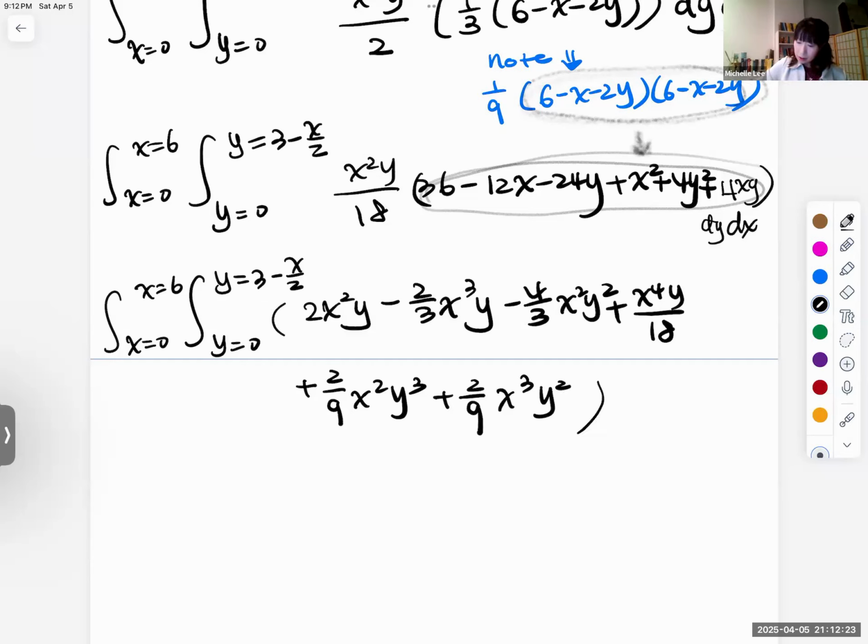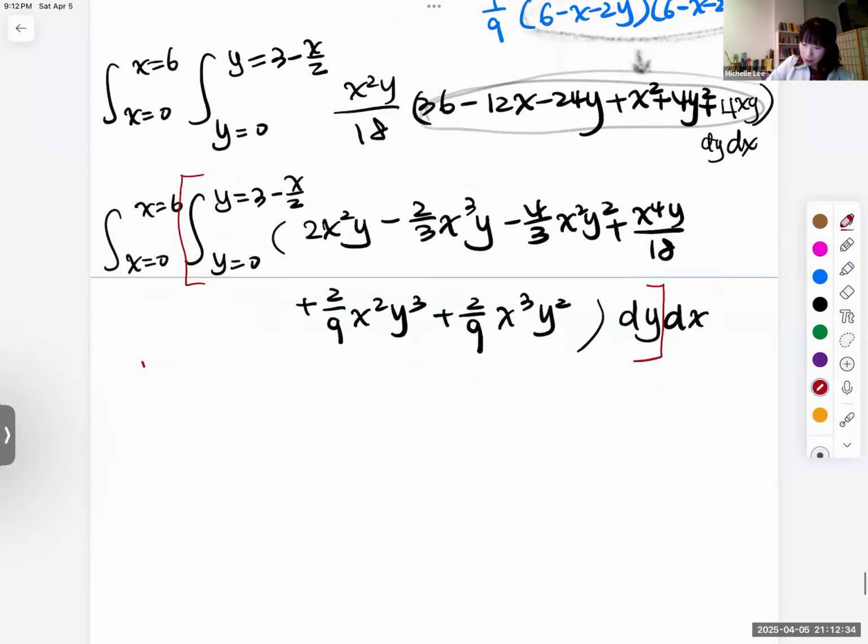And then we make a dy dx. All right, so we want to integrate with respect to y. Treat x as a constant.